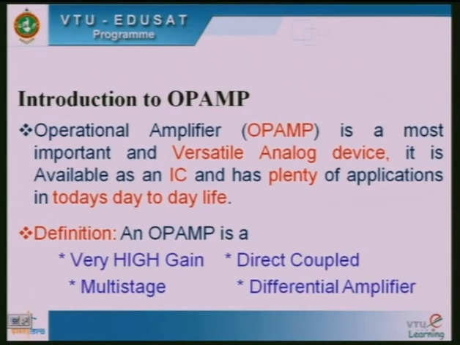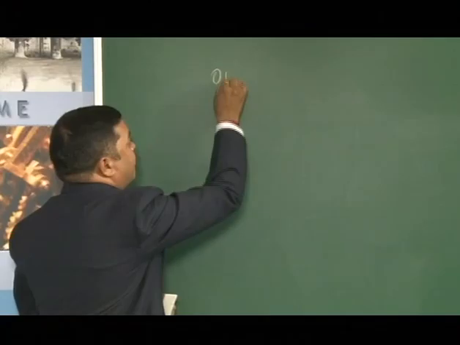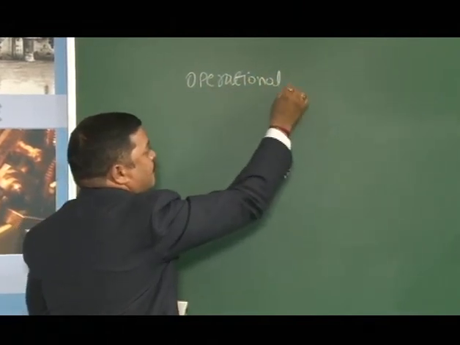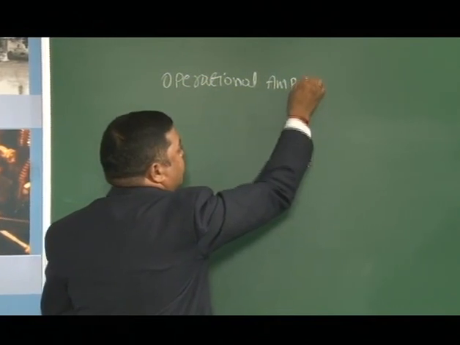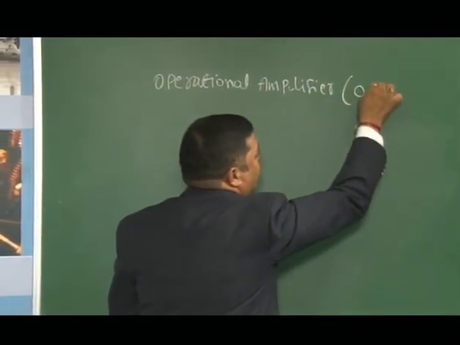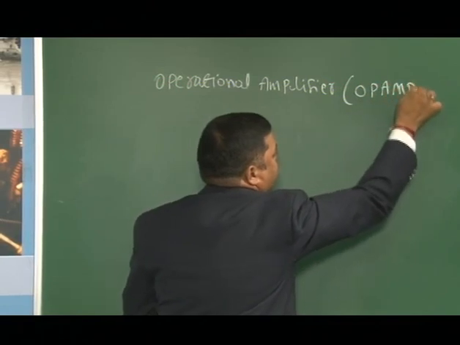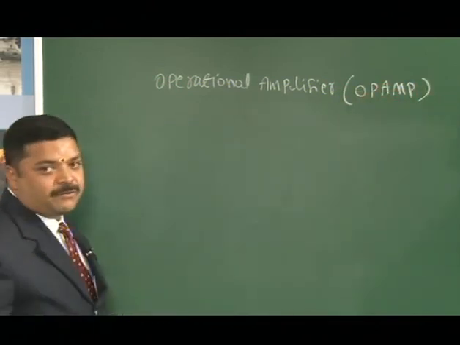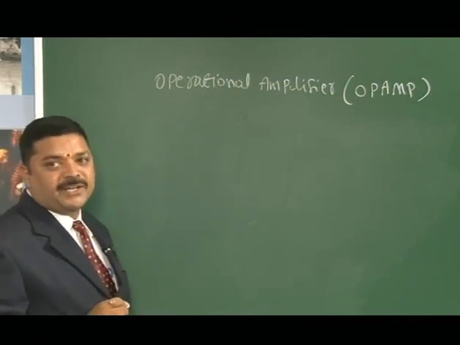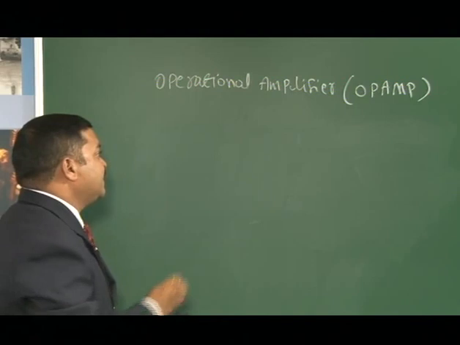The short form of operational amplifier is op-amp. So, we can consider just 3 or 4 points for defining an operational amplifier, right.